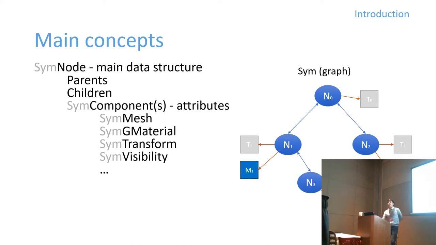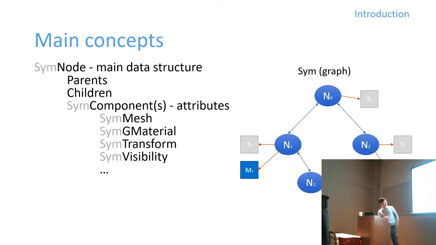Oh yeah, by the way, if you have any questions at any point, just feel free to interrupt. I can just continue afterwards. Okay, so now we go down to the main concepts. What is a Sim? A Sim consists of Sim nodes, which is like a holder. It can have parents, can have children, and it can have components. The components are the attributes, or kind of like the real thing: the meshes, the G material, transform, visibility, the things that describe what this is.